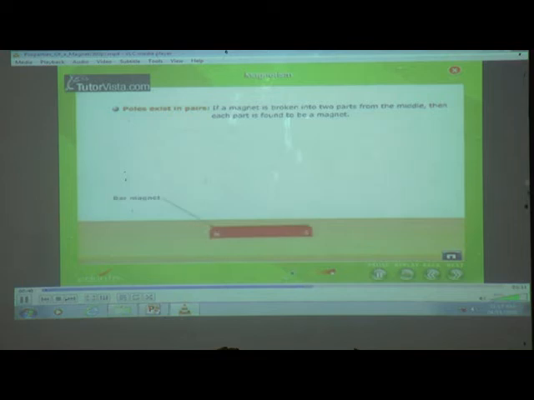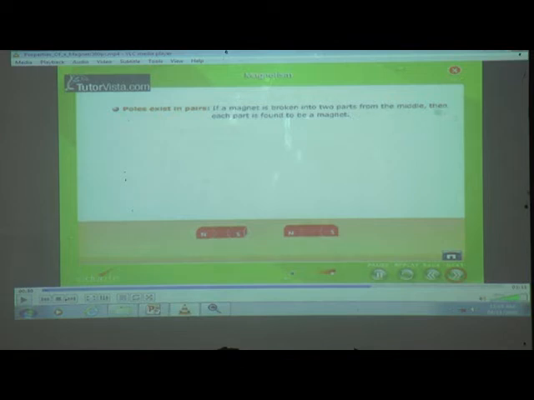Okay, now third one, poles exist in pairs. If a magnet is broken into two parts from the middle, then each part is found to be a magnet. So this is the next property, poles exist in pairs. Suppose we cut a bar magnet from the center.